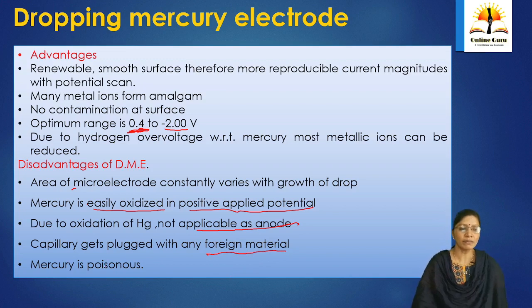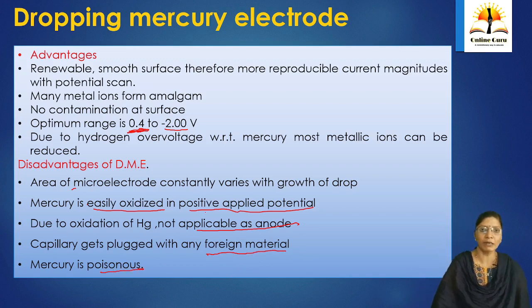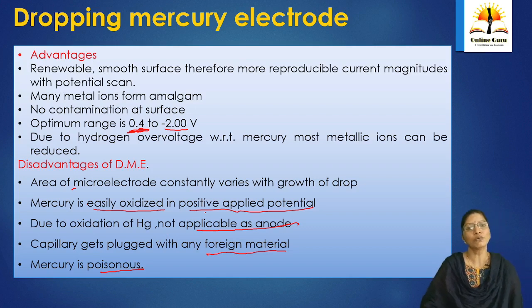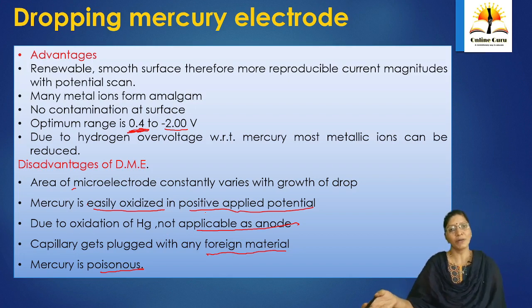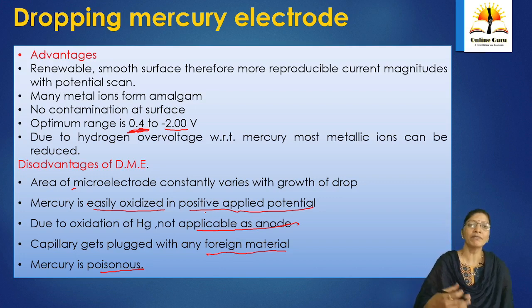The next is that mercury is very poisonous. You might have heard about this, and that's why we limit it as a chemical to be used. Heyrovsky also landed up with health issues because of repetitive use of mercury. Though he got the Nobel Prize, he was working on mercury.